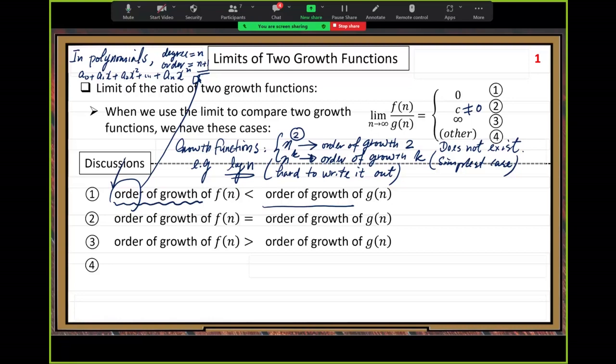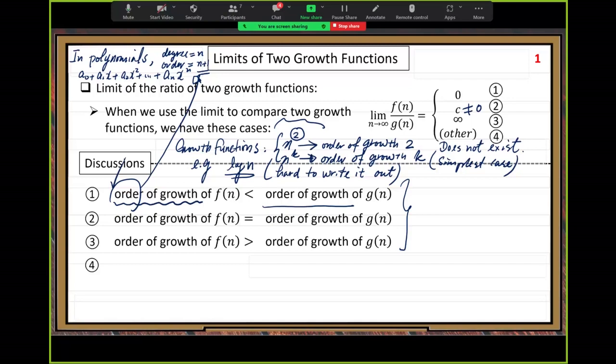Only for the simple cases can we write explicit numbers out. For other cases, we just use the abstract order of growth concept. That's the understanding about these first three cases.